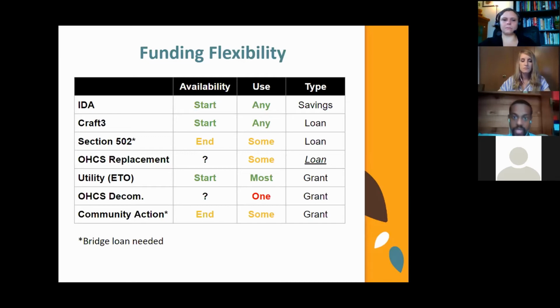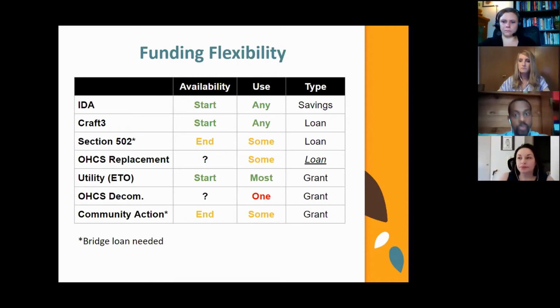While you apply for the loan, even once you get the loan, you can't use it until USDA comes and checks the final end result to make sure that it's up to standard, and then they'll release the money. Because of that, the applicant or participant will need a bridge loan to pay for those expenses until the Section 502 loan comes through.